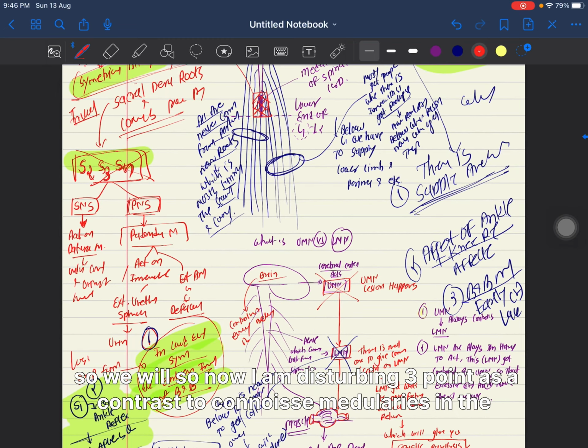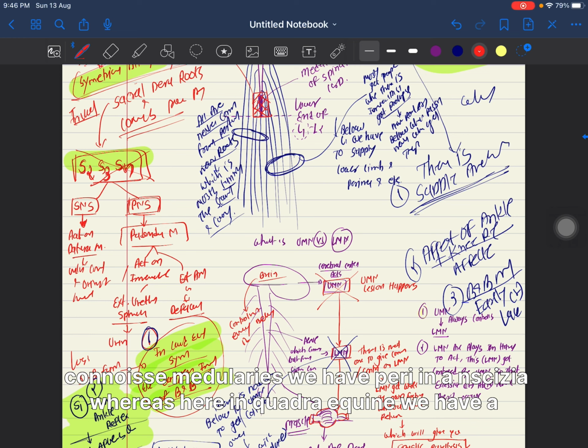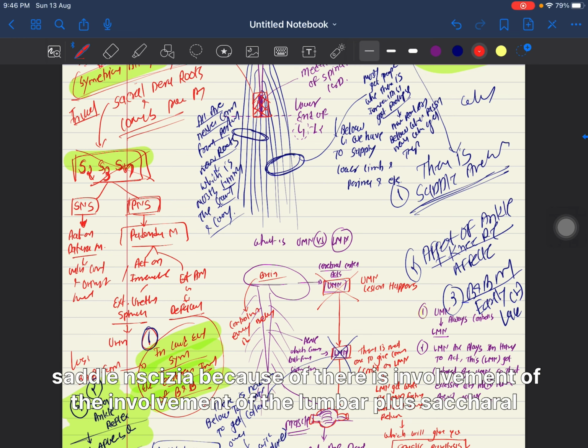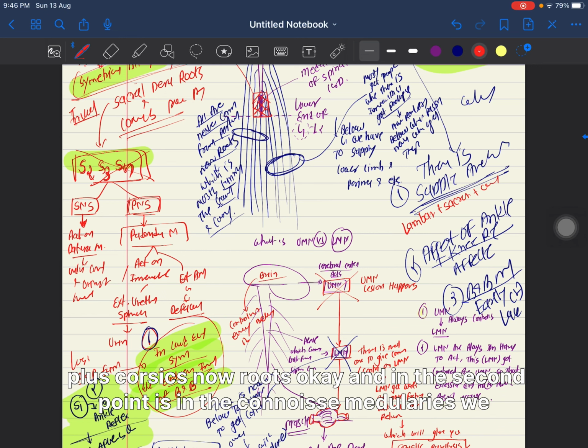So now I am discussing 3 points in contrast to Conus Medullaris. In Conus Medullaris we have perianal anesthesia, whereas in Cauda Equina we have saddle anesthesia because of involvement of the lumbar plus sacral plus coccyx nerve roots.